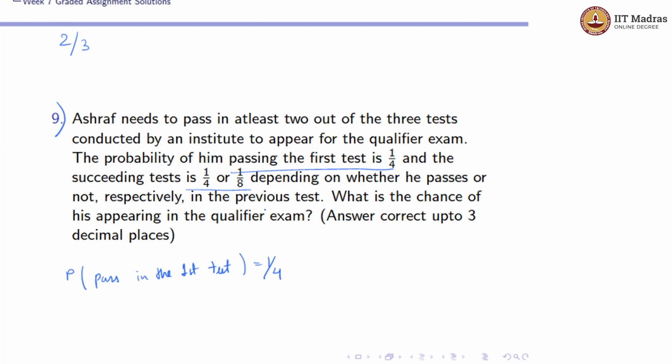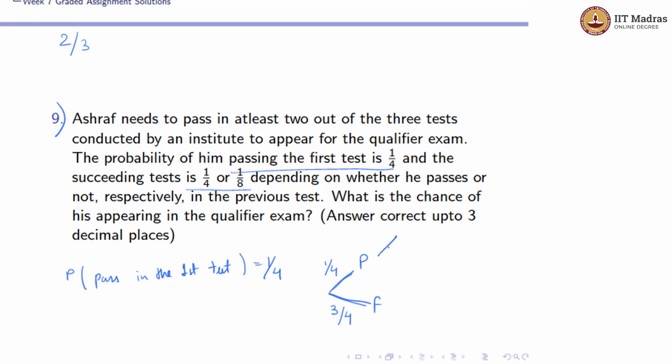So what is meant by that? For the first test Ashraf has 2 choices: either he will pass the test or he will not. If he passes, it is with probability 1 by 4, and if he fails, it is with probability 3 by 4.